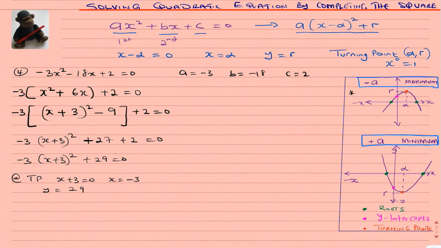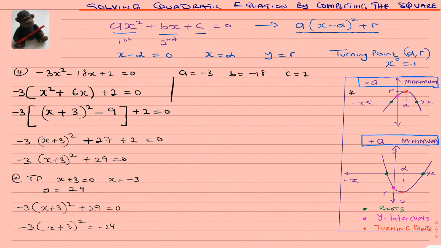Now we need to solve for the roots. So we take minus 3 into bracket x plus 3 squared plus 29 equal to 0, and take 29 to the other side. Minus 29.